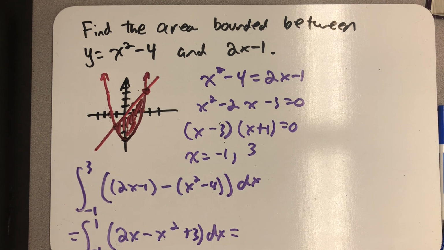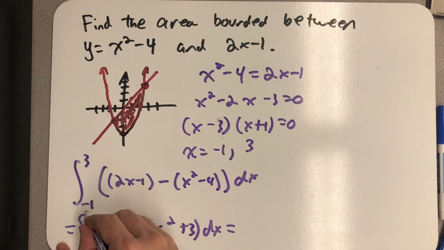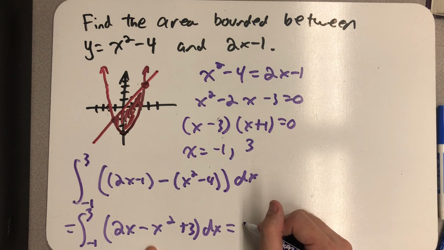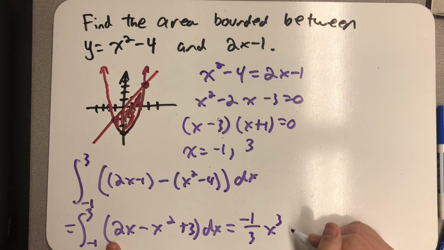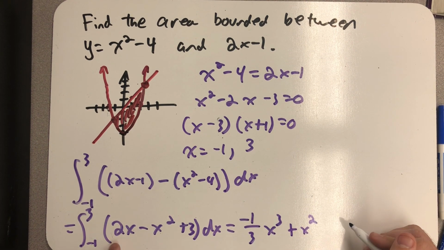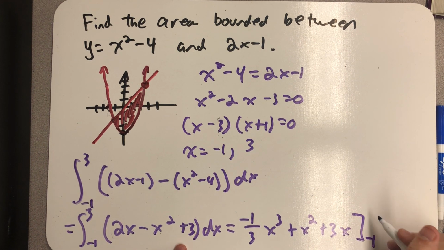All right, I'm going to find the antiderivative, but I'm going to pretend I wrote it down in order of degrees first. That should be a 3 at the top. So let's see, I have a minus 1/3 x cubed plus x squared plus 3x, evaluated from minus 1 to positive 3.